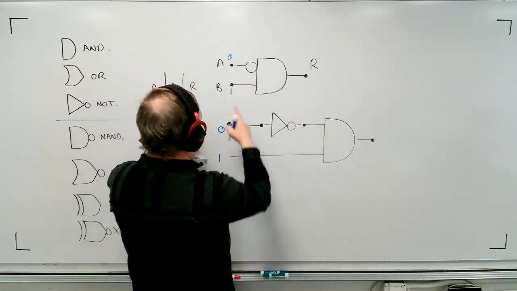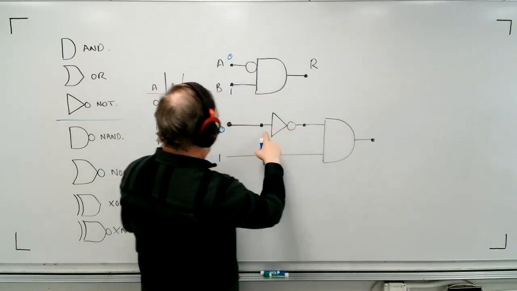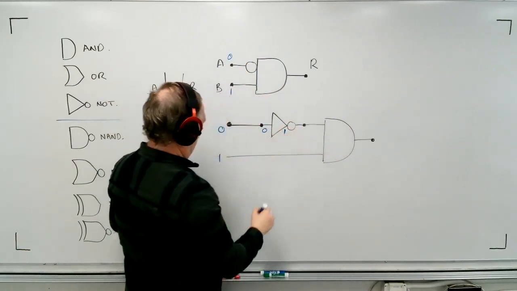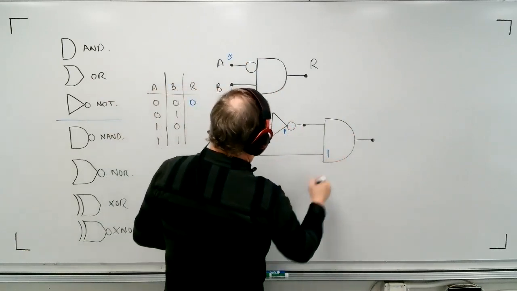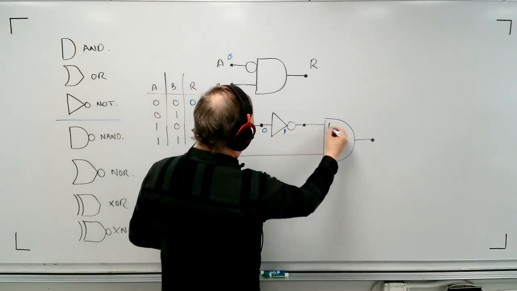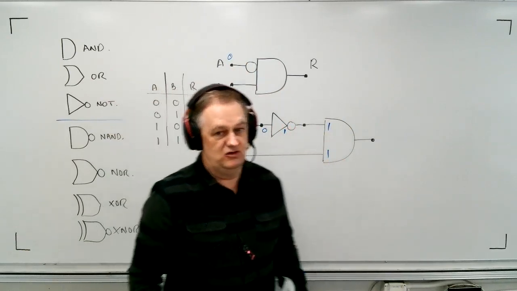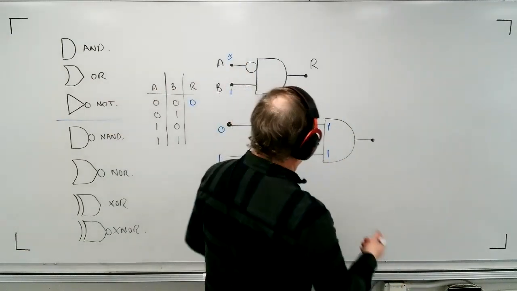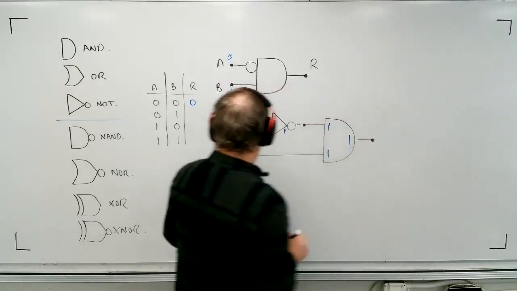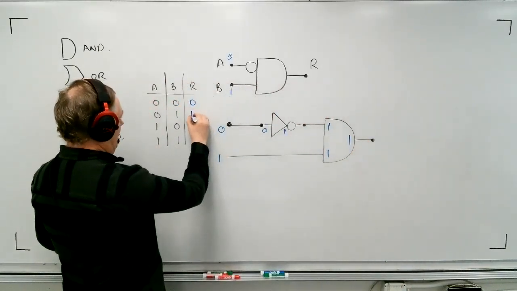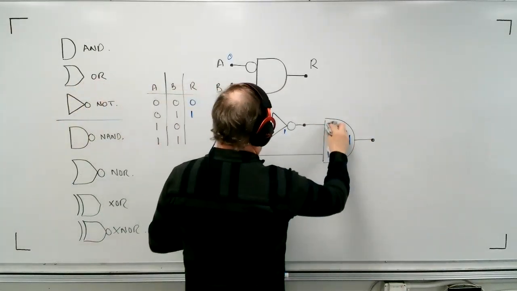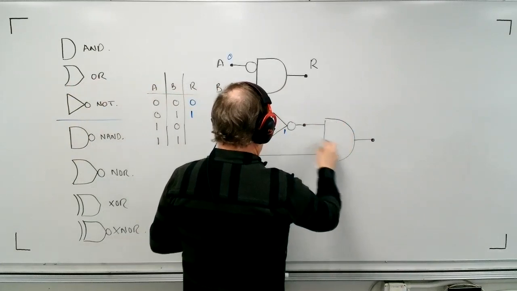This goes into the invert as a 0, comes out the other side as a 1. This 1 goes in, it's a 1 there. This 1 goes in, it's a 1 there. Now what does an AND do with a 1 and a 1? That's a 1. Output high.